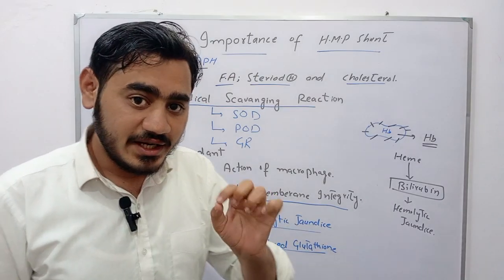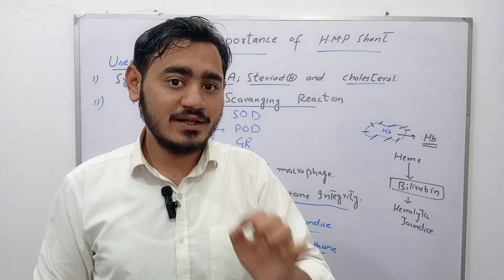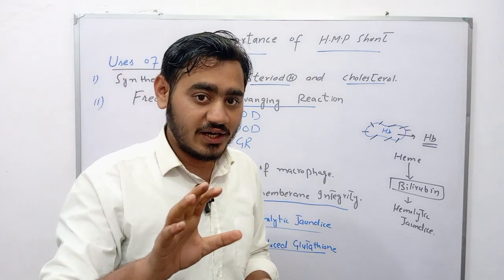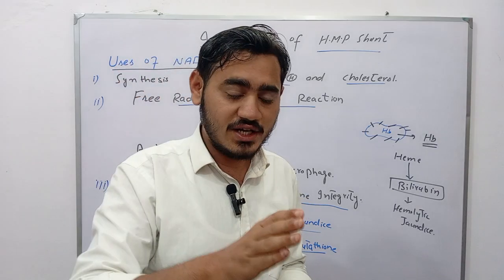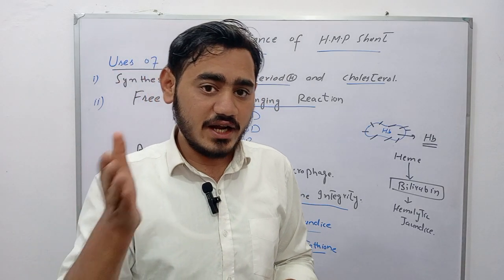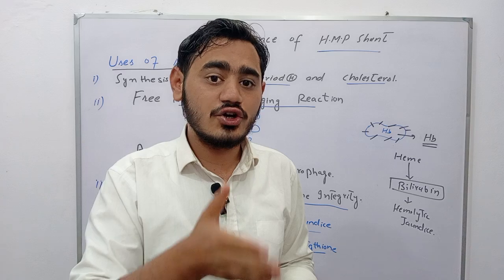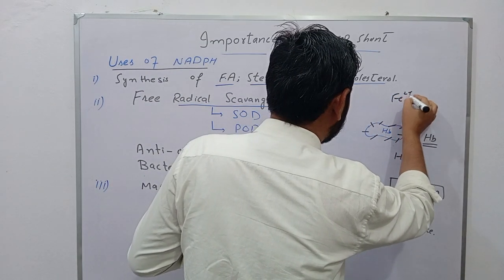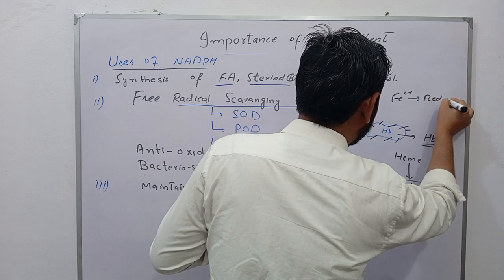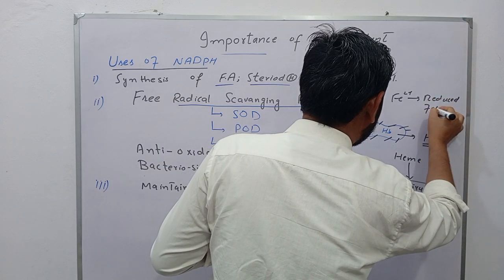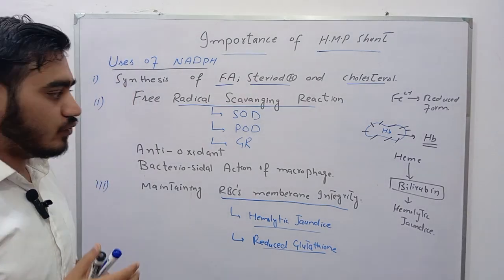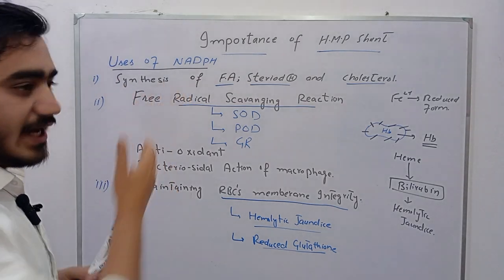And this NADPH keeps iron in the reduced form, meaning the ferrous state, because iron has two forms, the ferrous state and the ferric state. NADPH keeps iron in the reduced form, that is the ferrous state, Fe2+. This is the reduced form of iron. So this is the third point. Now coming to the fourth use of NADPH.